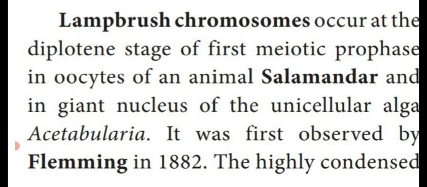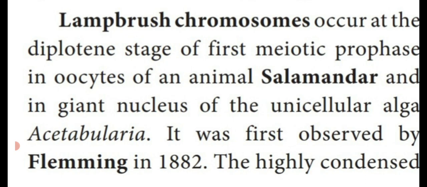It was first observed by Fleming in the year 1882. The polytene chromosome was observed in 1881 by C.G. Balbiani. This lampbrush chromosome was observed by Fleming in the year 1882. Both questions are important, 1-mark questions.